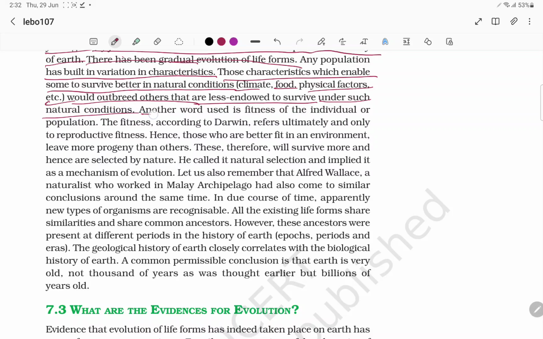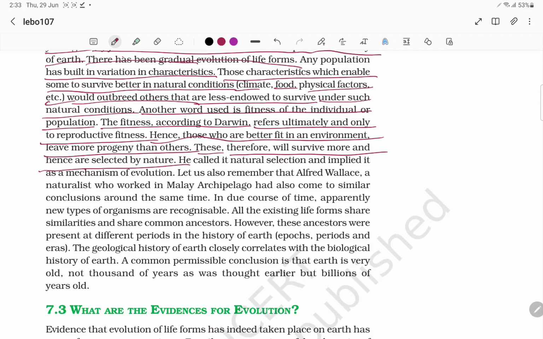Another word we call it is the fitness of the individual in the population. The fitness according to Darwin refers ultimately and only to reproductive fitness. Hence those who are better fit in the environment leave more progeny than others. These therefore will survive more, hence are selected by nature.